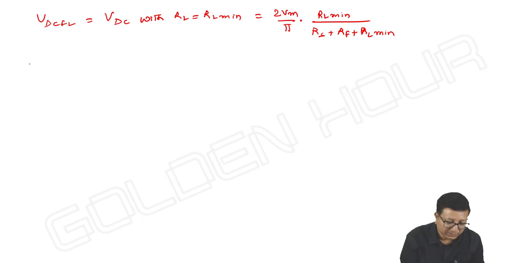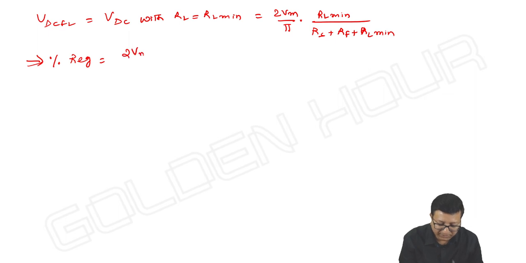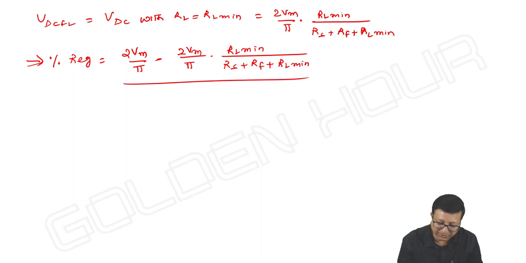That's it. So the percentage regulation is equal to 2Vm by pi minus 2Vm by pi into RL minimum by RS plus RF plus RL minimum, divided by 2Vm by pi into RL minimum by RS plus RF plus RL minimum, multiplied with 100.